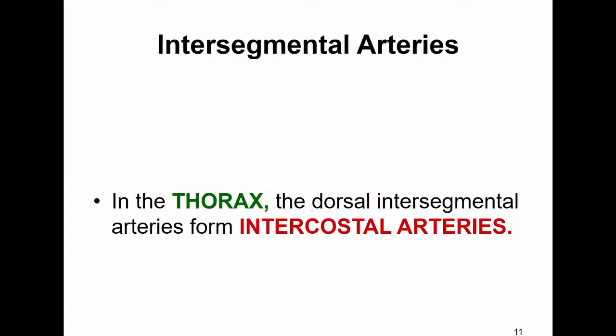So they supply the region over there and they come from the dorsal intersegmental artery in the region of the thorax.